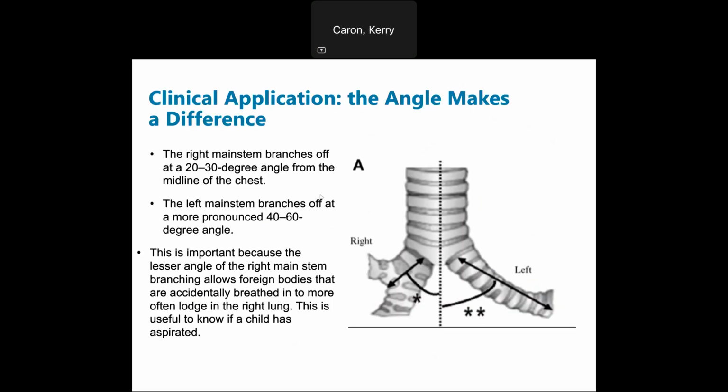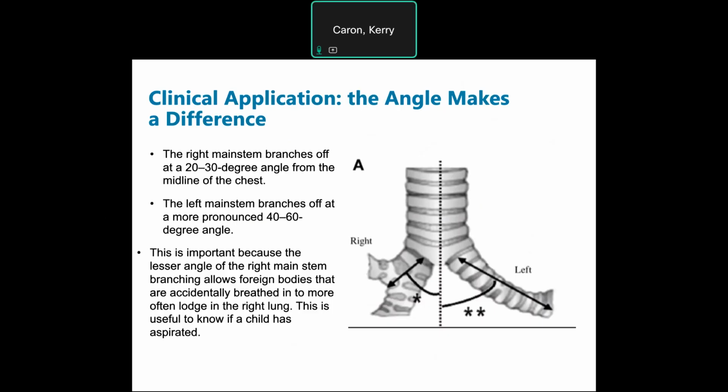Okay, the angle here. So this is kind of interesting. They don't branch off exactly equally in angle. The right main stem bronchus is 20 to 30 degrees from the midline of the chest, whereas the left side is a 40 to 60 degree angle.